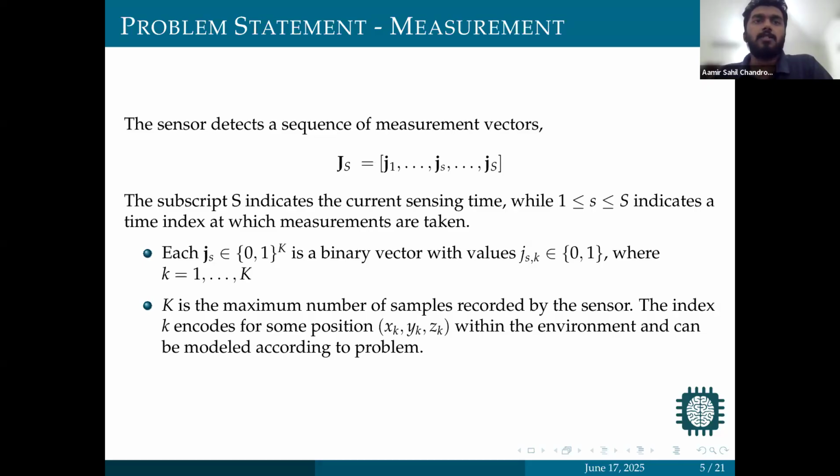K here also encodes the position that the sensor is directed at and picking the data from. The measurement is binary. Essentially, it means that the sensor detects something over there or it didn't.